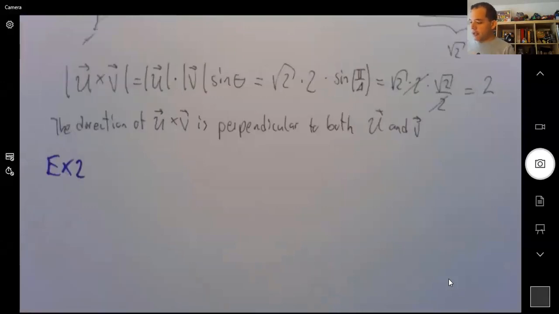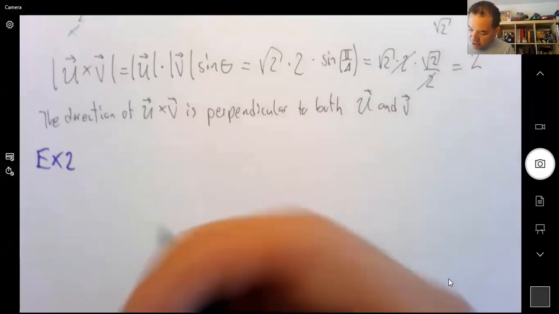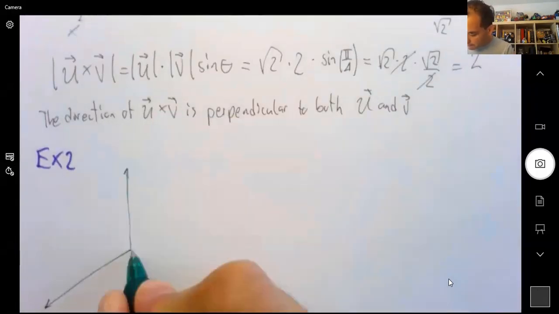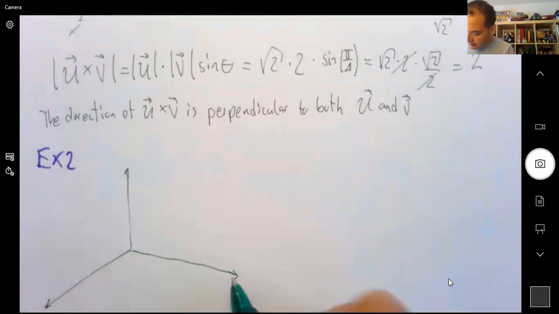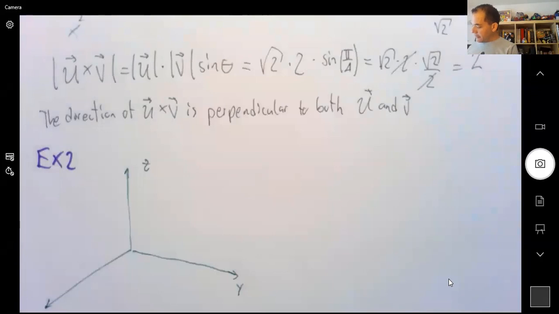So for our picture, I need to draw i, j, and k. So here are my coordinate axes. This is the x, the y, and the z. And like I was telling you, the i, the j, and the k are these vectors.